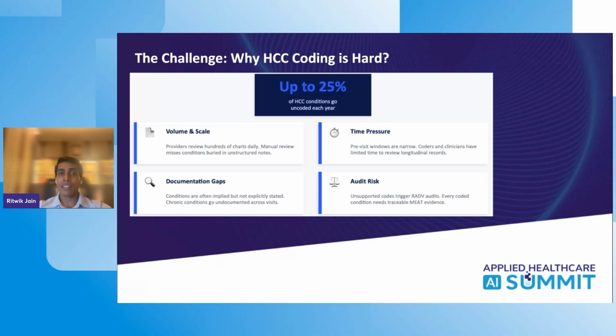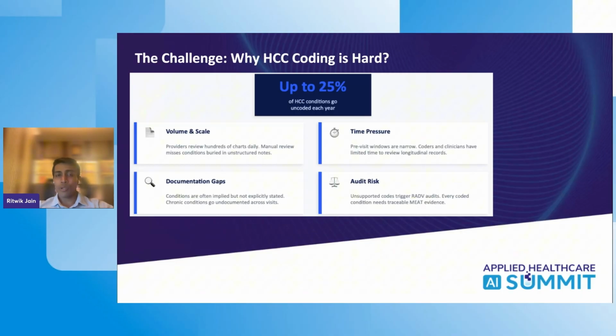That means 1 in 4 chronic conditions that could have been documented, supported, and submitted simply aren't. Not because clinicians don't care, not because coders aren't doing their jobs, but because the system itself creates barriers that make accurate, complete coding incredibly difficult to achieve at scale.